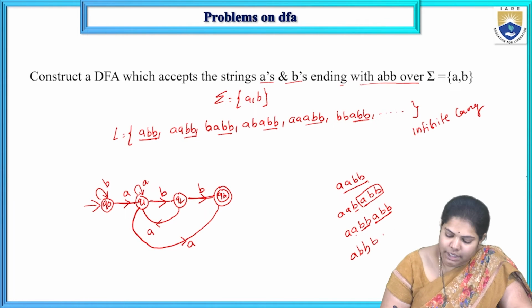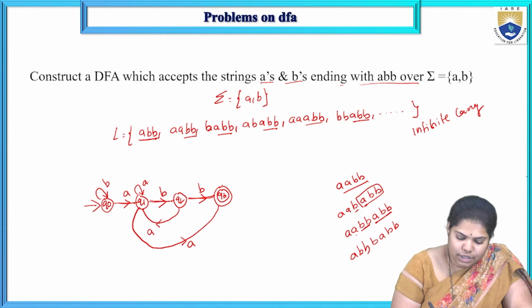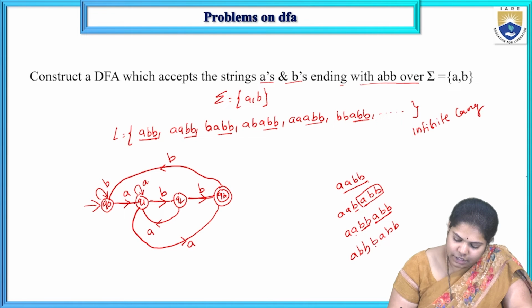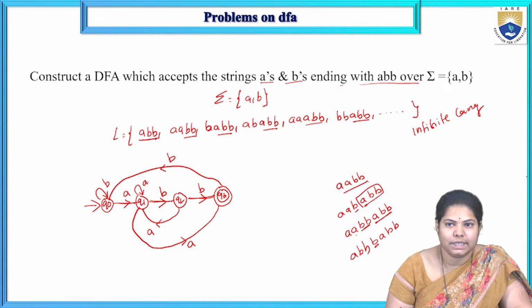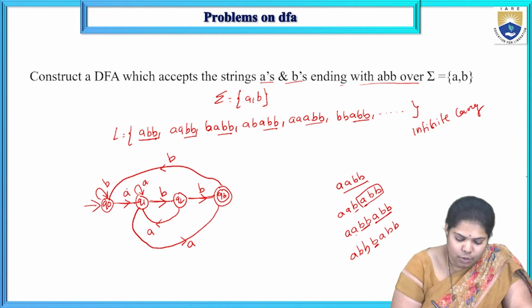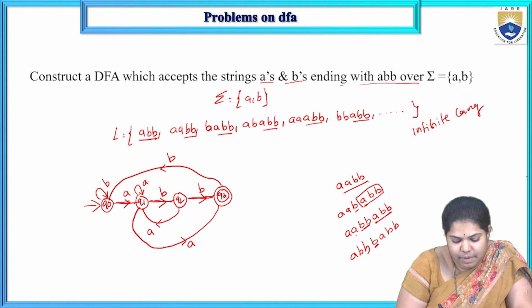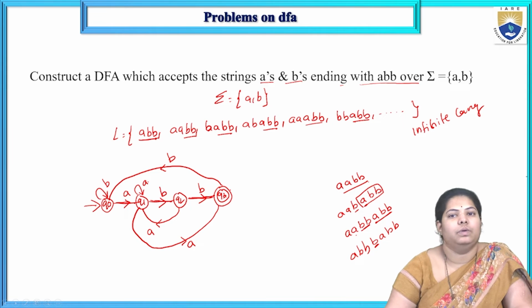No problem, but it has to end with ABB. So where should I send it? I should send it to the start state. So even if I see the B after the ABB, I go to the start state. So I reach the final state by seeing the ABB only.